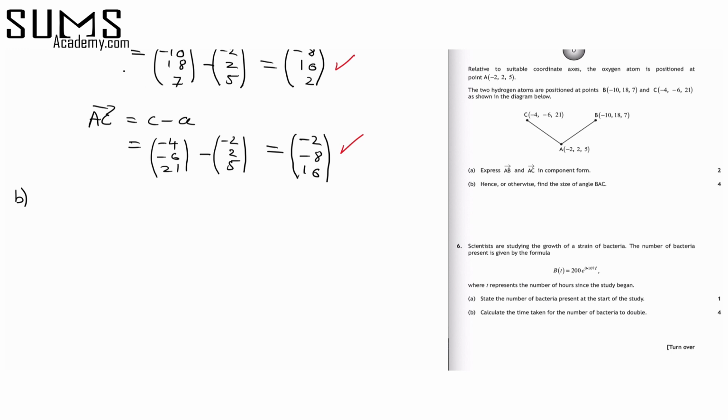Okay, so we're going to be using the formula from our formula sheets of cos theta is equal to A dot B all over magnitude of A times magnitude of B. So in our case, it's going to be AB dot AC all over the magnitude of AB times the magnitude of AC.